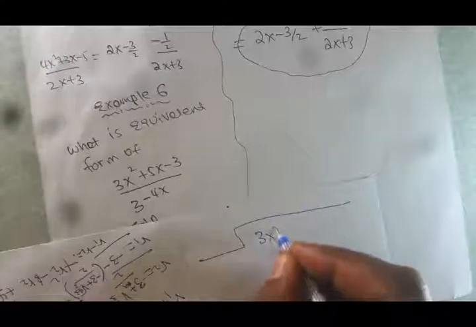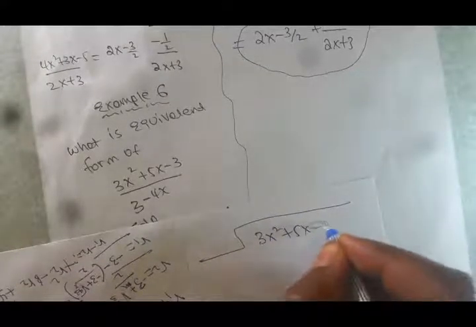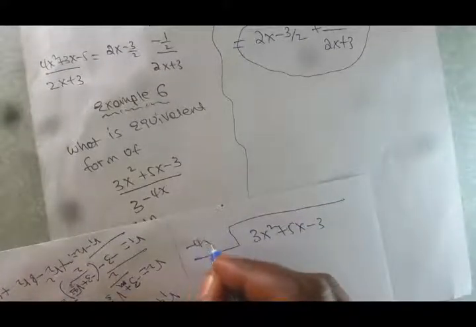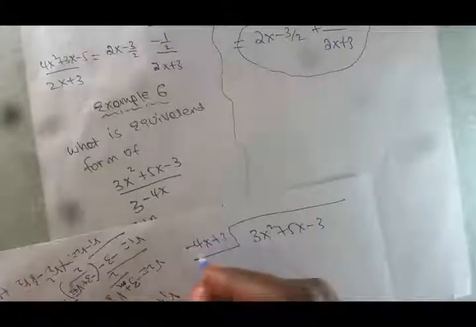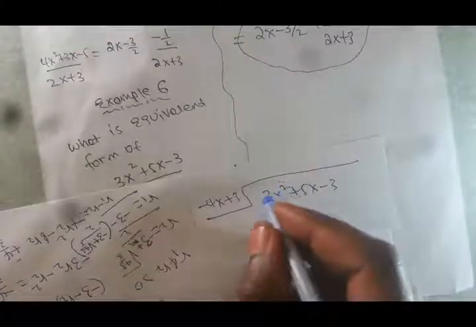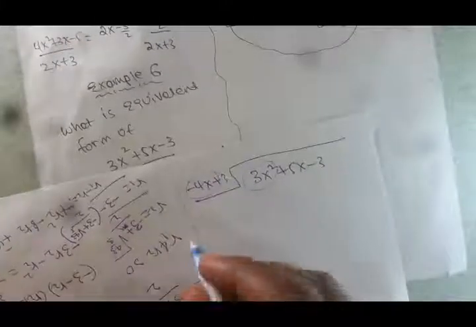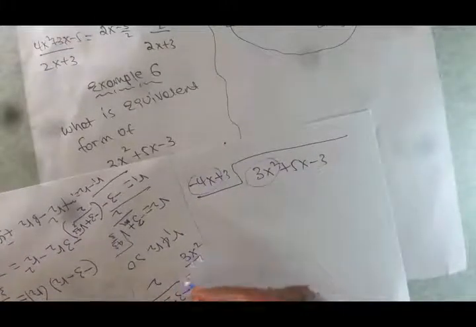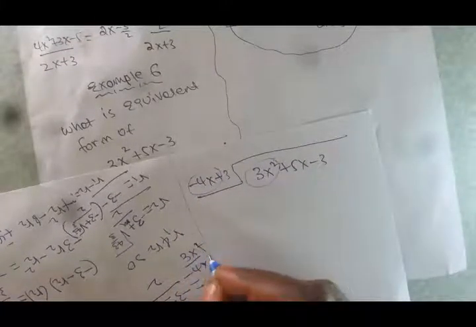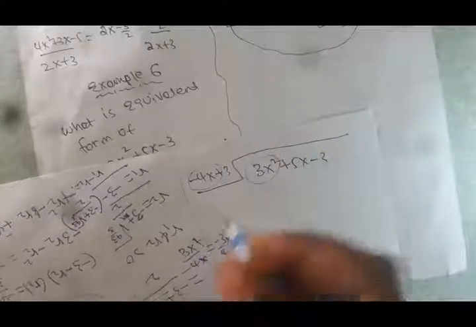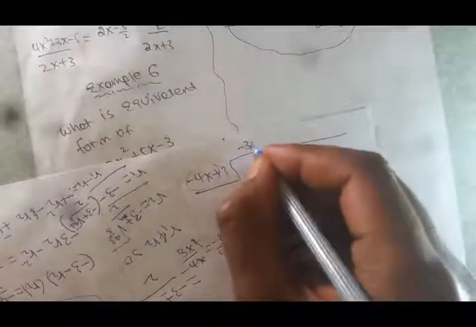This is 3x squared plus 5x minus 3, divided by minus 4x plus 3. The first thing we have to do is divide this by this. Therefore 3x squared divided by minus 4x, this will be cancelled and minus 3 over 4 x. Therefore minus 3 over 4 x.